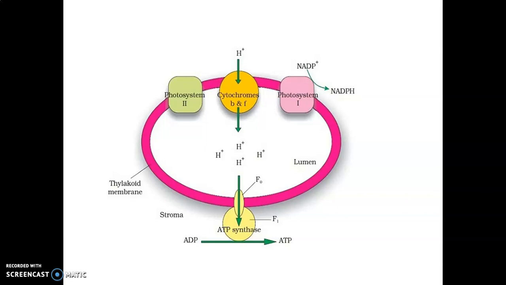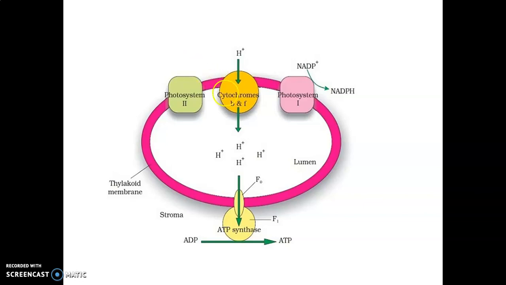This happens because the primary acceptor of electrons, which is located towards the outer side of the membrane, transfers this electron not to an electron carrier but to an H carrier. Hence, this molecule removes a proton from the stroma while transporting an electron. When this molecule passes on its electron to the electron carrier on the inner side of the membrane, the proton is released into the inner side or the lumen side of the membrane.